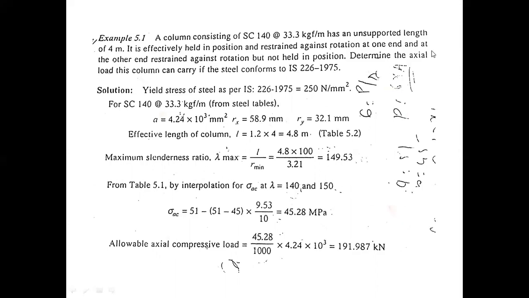Then they have given us the axial load this column can carry if the steel conforms to IS 226-1975. So the steel property has to be taken from IS 226-1975. So the steel property, that is yield stress, Fy, is equal to 250, taken from IS 226-1975 as they have given in the question.